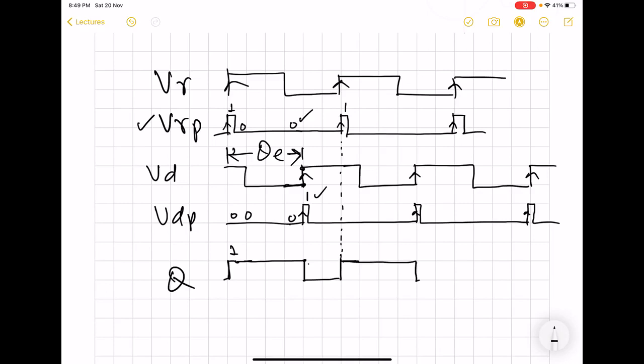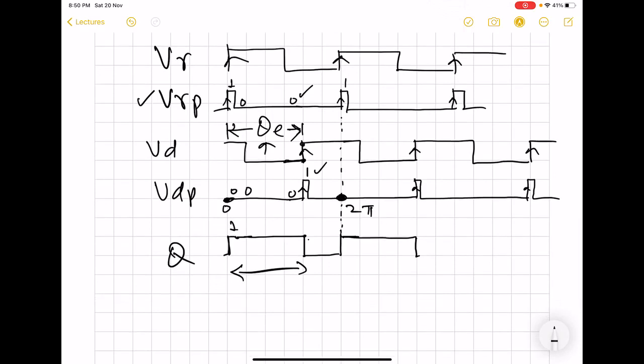Here we see that this value is 2 pi and this value is 0. So 2 pi, or 1 cycle of VR, is from here to here. As this phase error increases from 0 to pi, and then beyond pi also, the width of this output pulse keeps on increasing, until 2 pi.